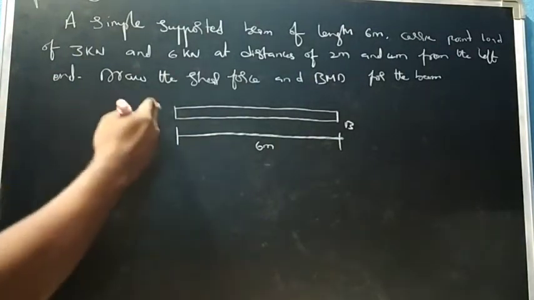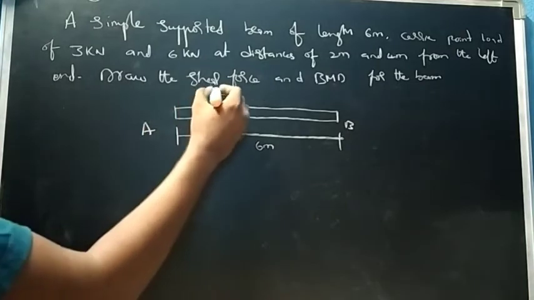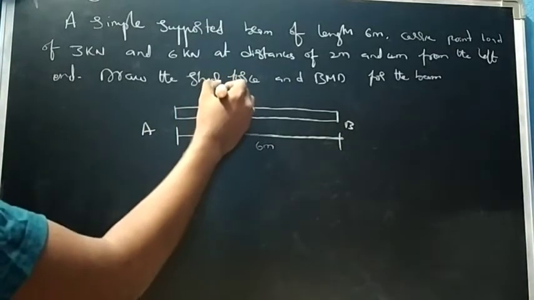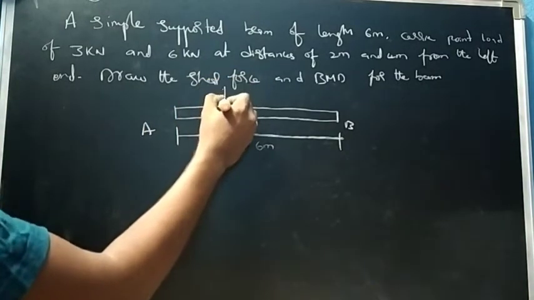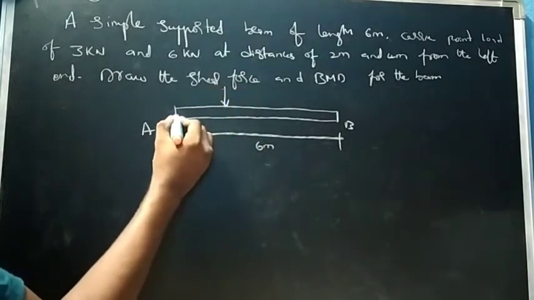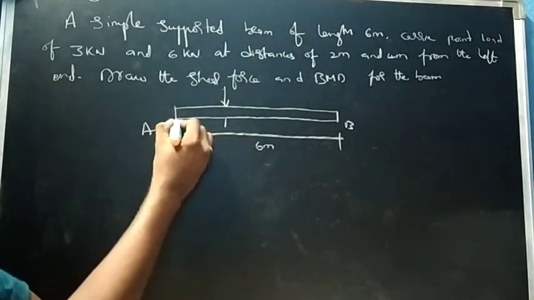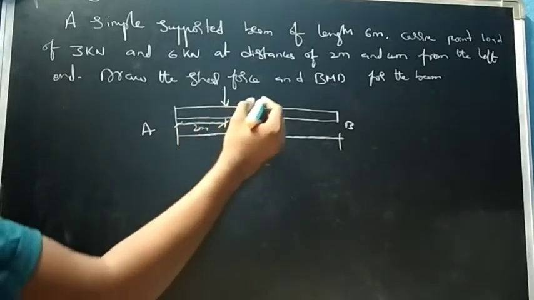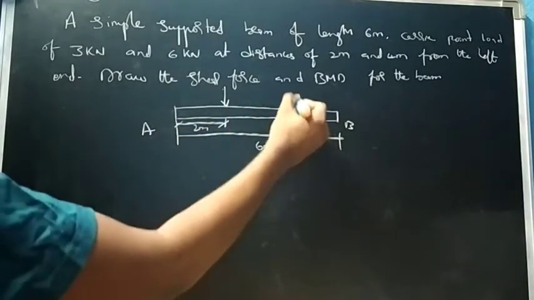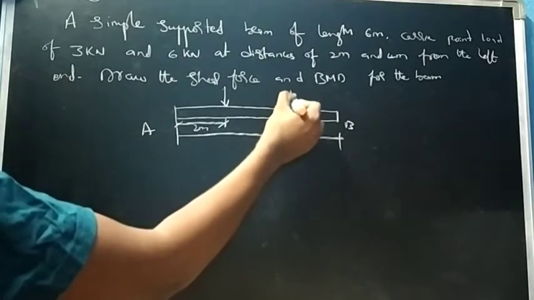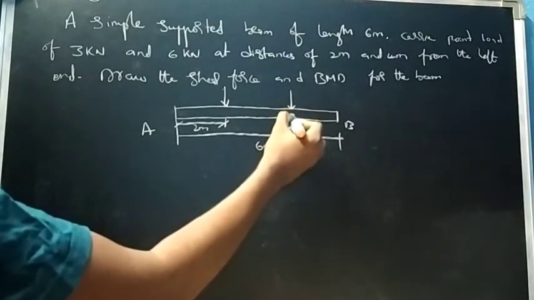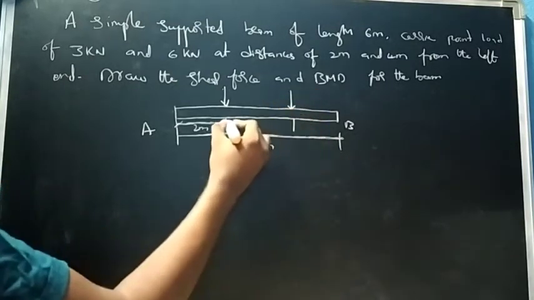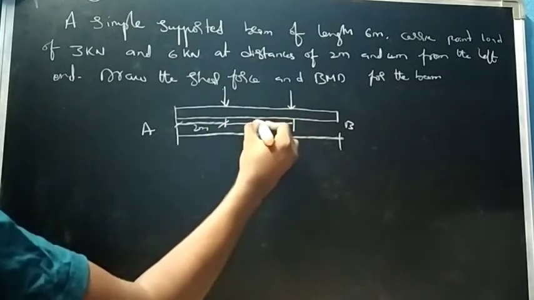From the left end we have to draw at a distance of 2 meters, so that means it will be 2 meters and 4 meters from the left, that is 4 meters.